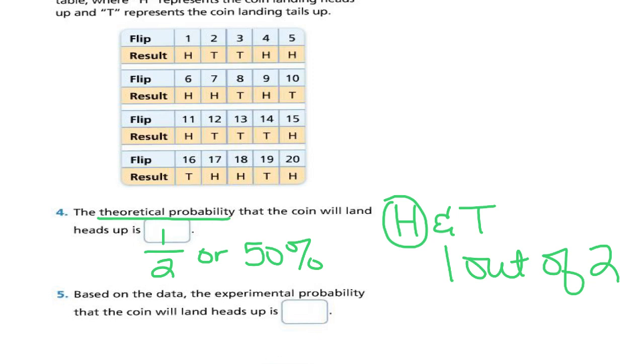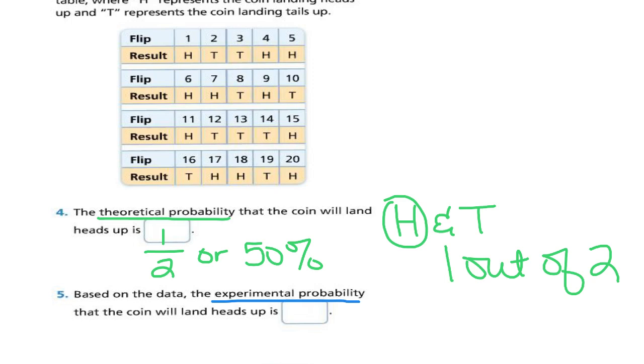Question 5. Based on the data, the experimental probability that the coin will land head up. Since this question is asking us for the experimental probability, we need to look at the data in the table. And we want to know how many of the times we landed heads up.